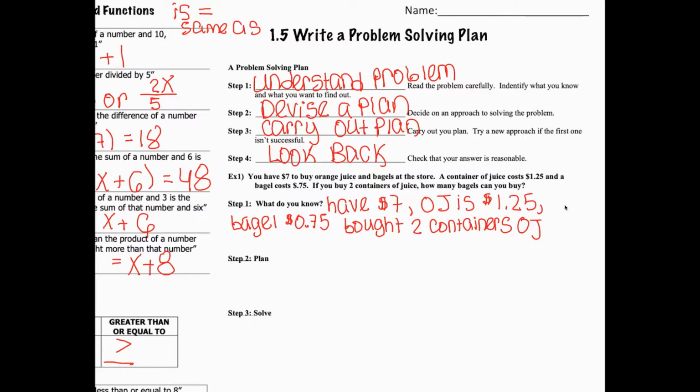And then we need to think about a plan. So I would probably write out an expression using what we learned from the last section, and then go ahead and solve that expression. So my plan is I'm going to write an expression and solve.